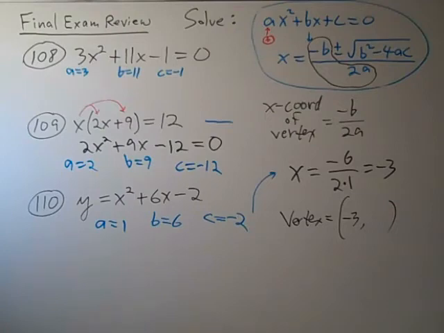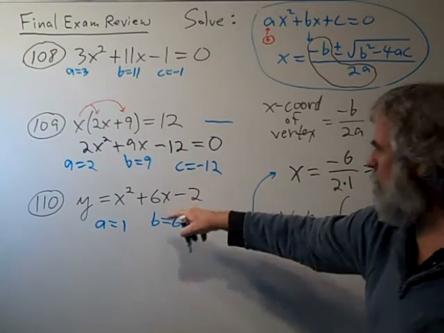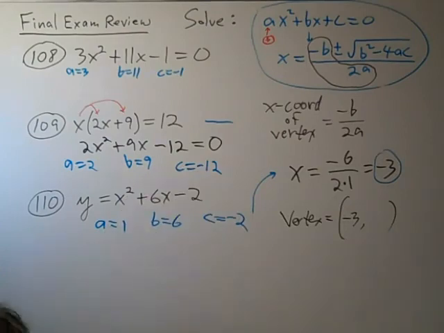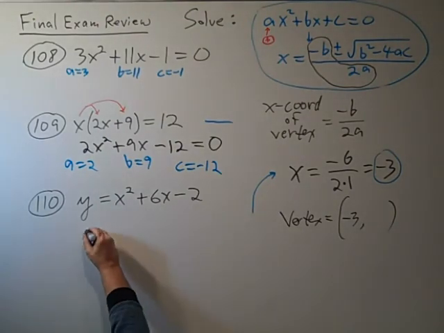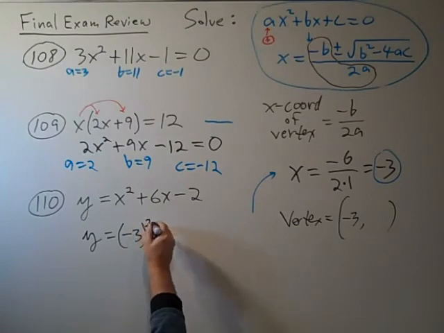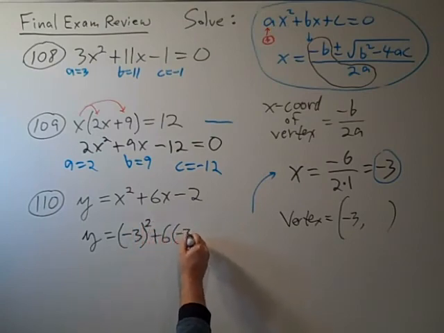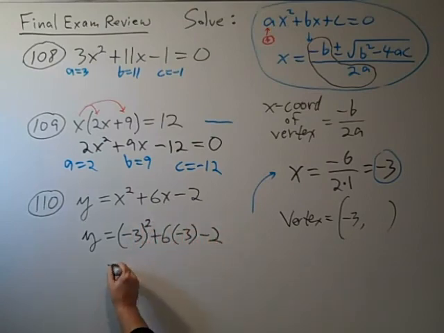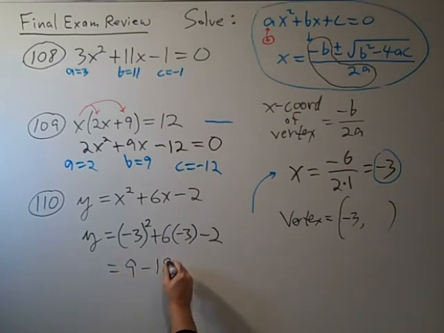To find the y-coordinate, we take our x value and plug it into the original equation here. So we get that y is equal to negative 3 squared plus 6 times negative 3, minus 2. That's 9 minus 18 minus 2.